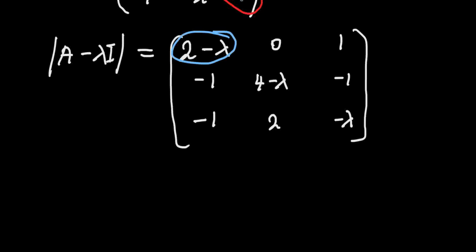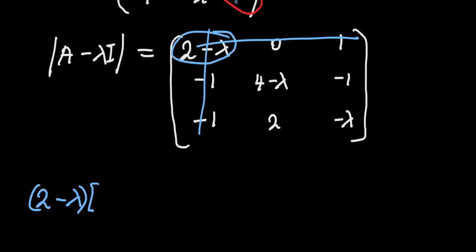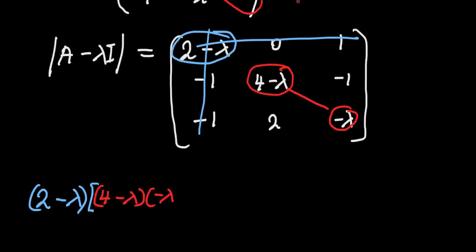And to find the determinant, remember we have to pick this value, 2 minus lambda, and you can put it in parentheses and then keep the whole of this on hold. Then we can now use this to multiply this, and this would give us (4 minus lambda) in parentheses times negative lambda.